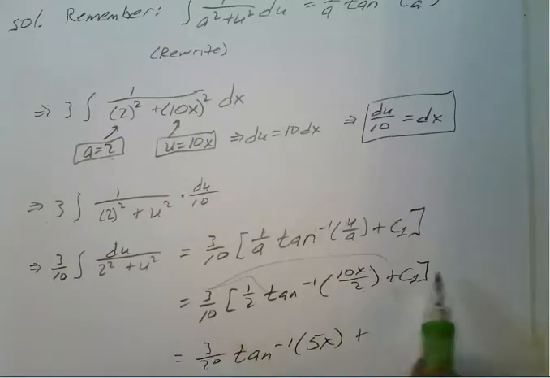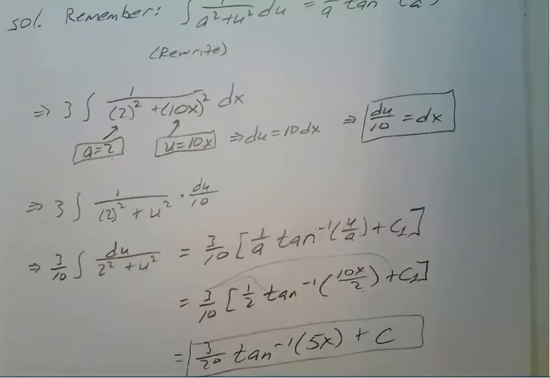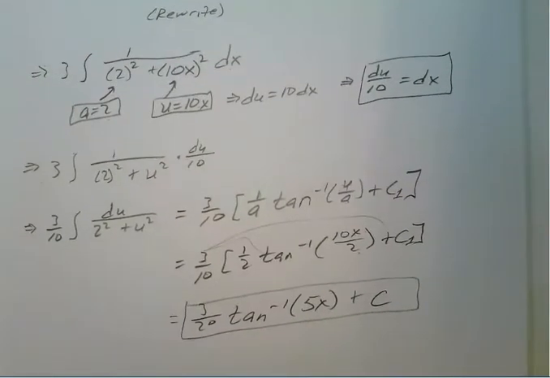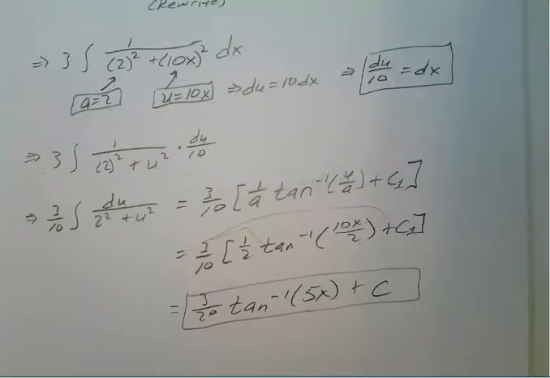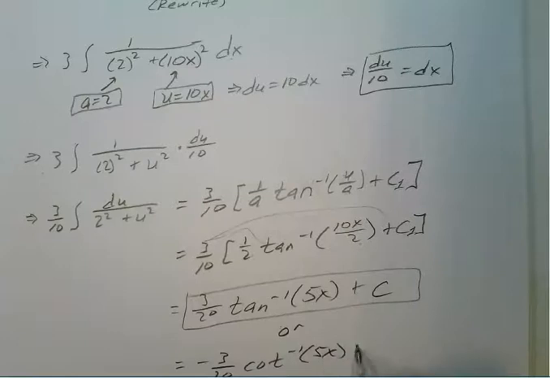Plus 3 over 10 times a constant will still give you a constant. So we make that plus c. All right. Or change the sign: negative 3 over 20, and it becomes cotangent inverse of 5x plus c.